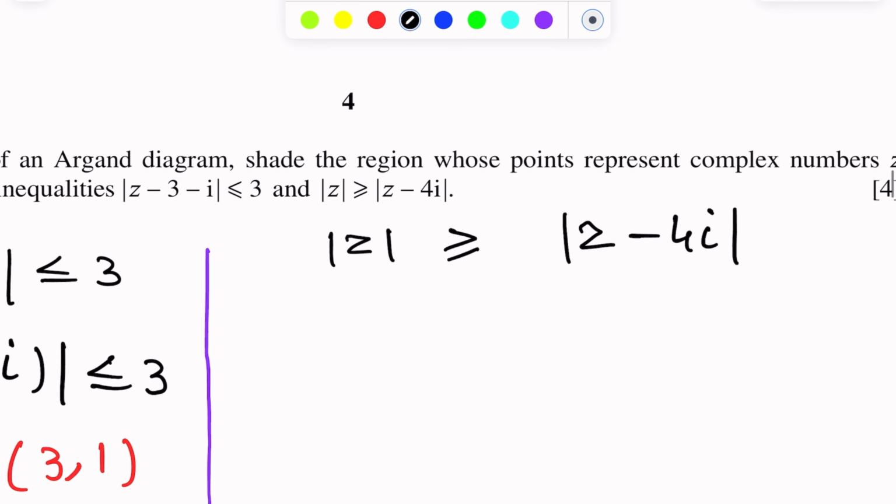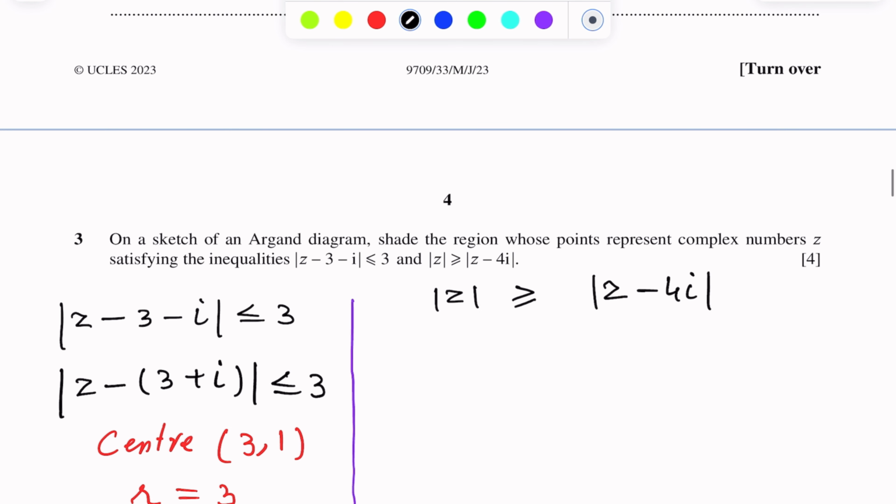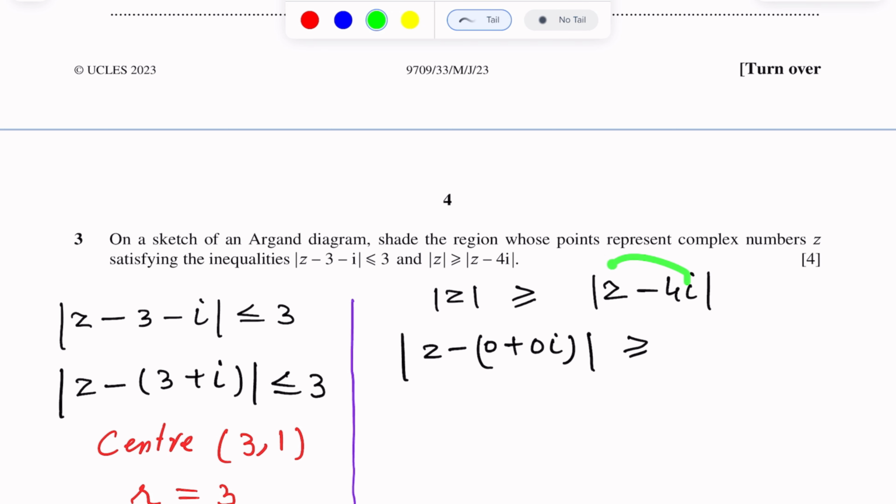This left hand side we can write as |z - (0 + 0i)| ≥ |z - (0 + 4i)|.